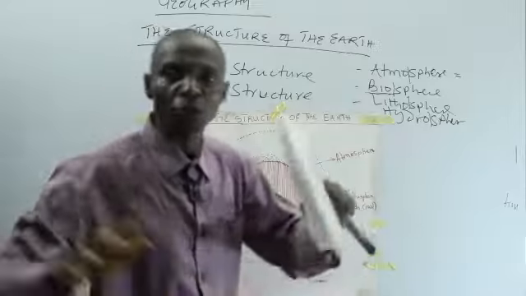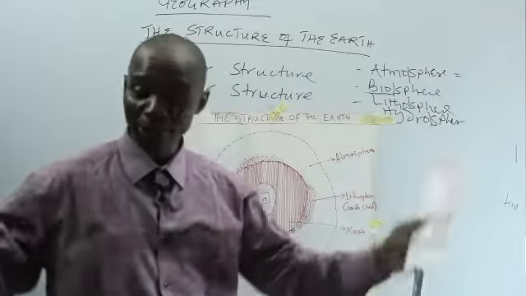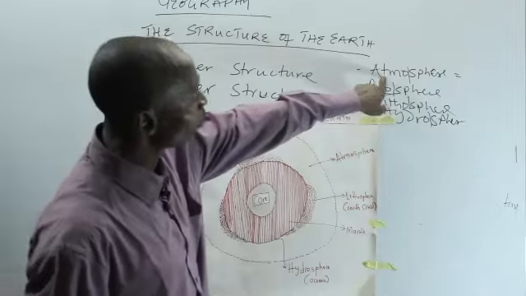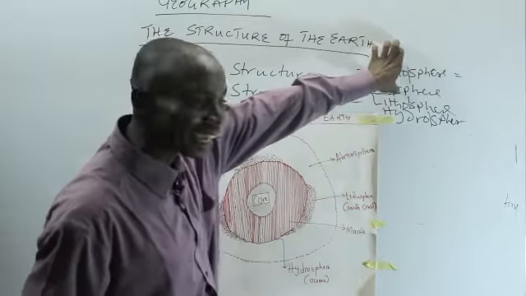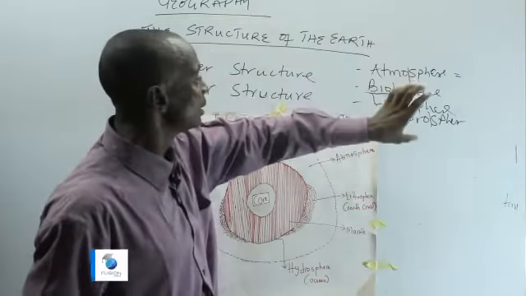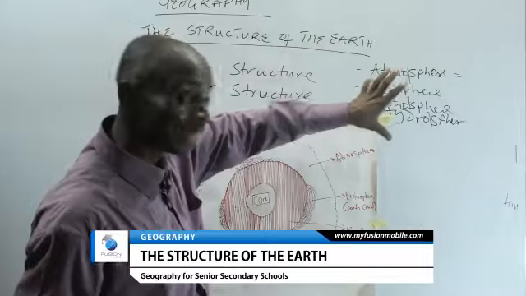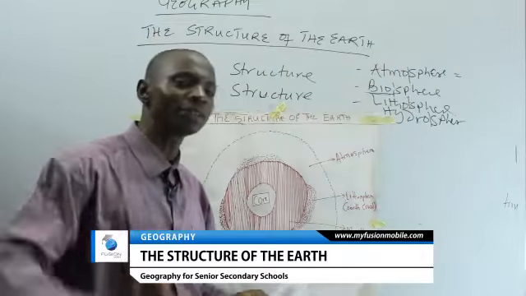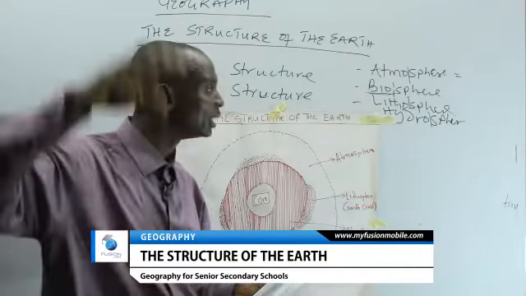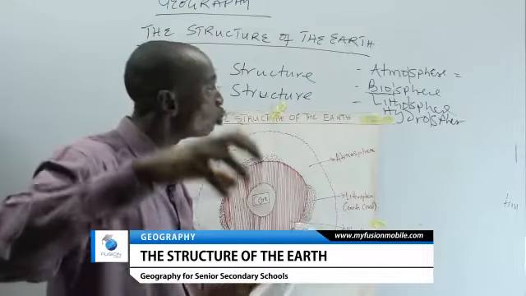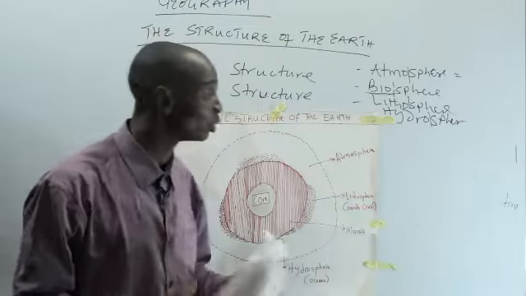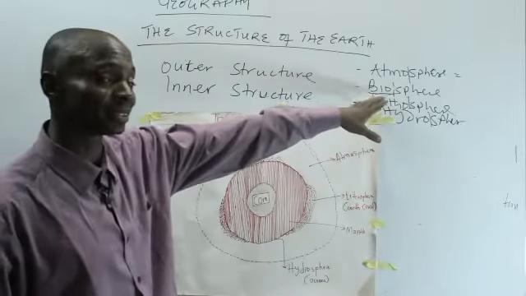This your classroom can be a sphere, a space occupied by something. So atmo means air, gases. Then bio means life. So when we are talking about the biosphere, we are talking about the portion of the Earth that is the active portion, because that is where life exists.